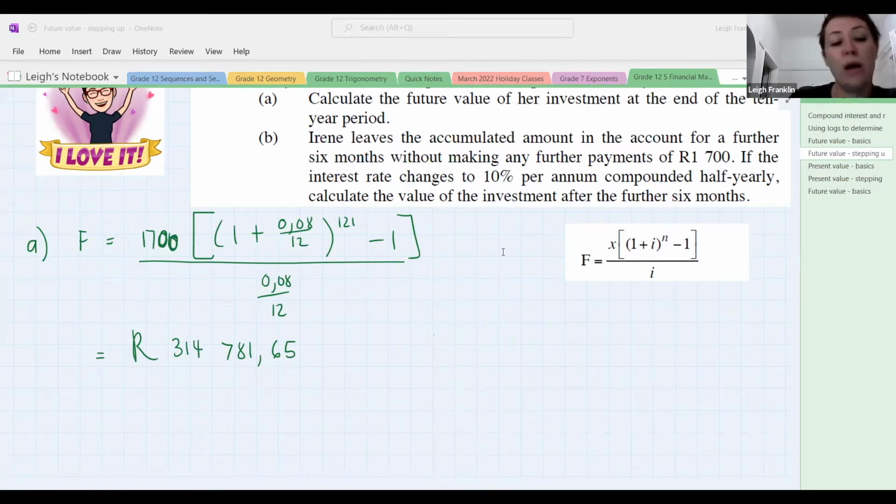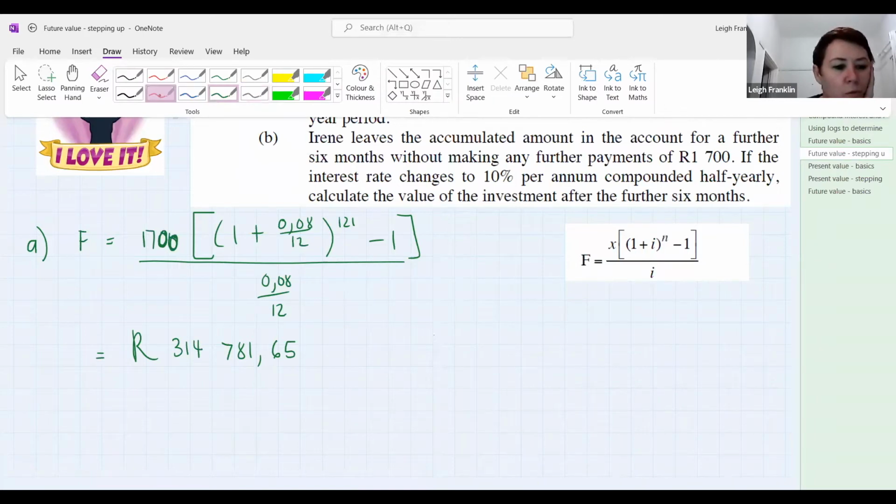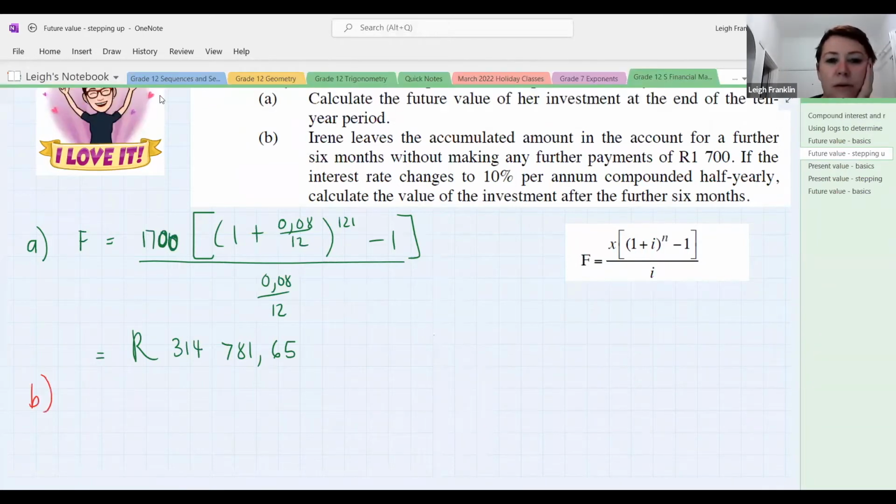That's my question to you guys. Can we use future value to calculate the answer for question B if her payments have stopped? What do you guys say?